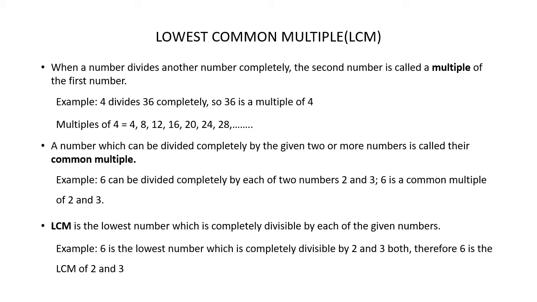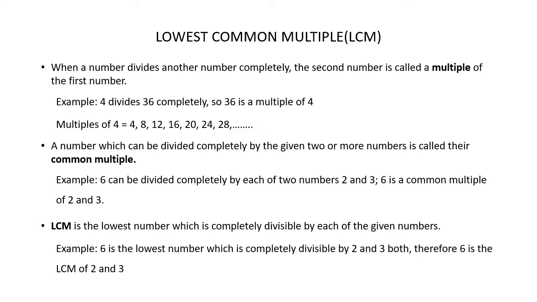You should understand the meaning of factor and multiple correctly. Hope you got that. Now multiples of 4 are many like 4, 8, 12, 16, 20, 24, 28 and so on.